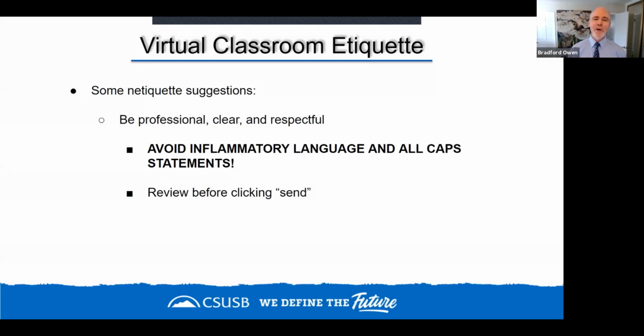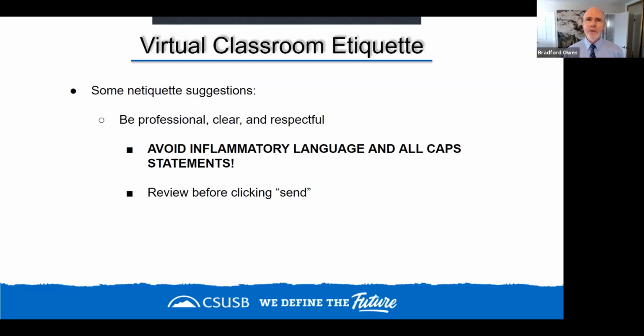One thing to avoid, which is sometimes a temptation when we have a strong reaction to something someone has posted or written, is flaming the other person. And this is an example, of course, of a kind of formatting to communicate flaming: all caps, in bold, and the exclamation point.